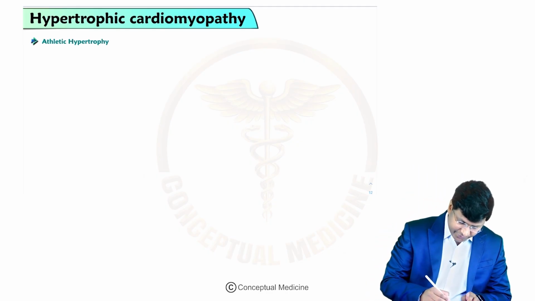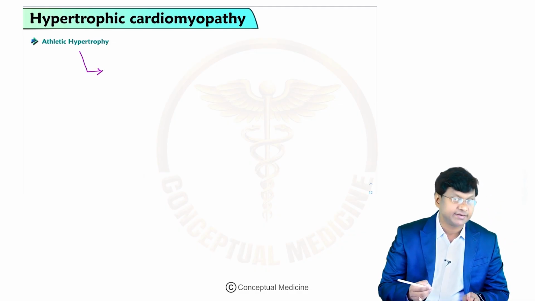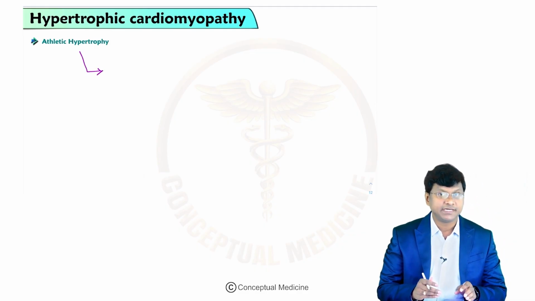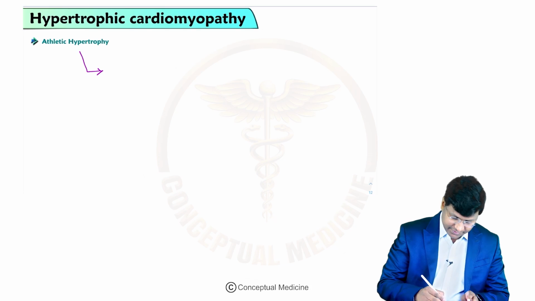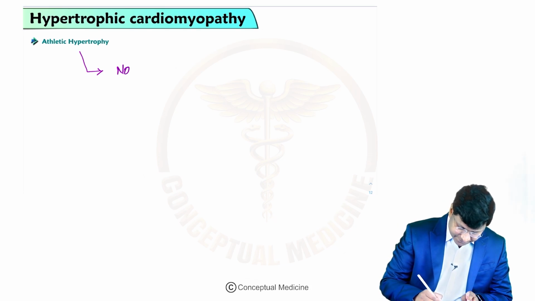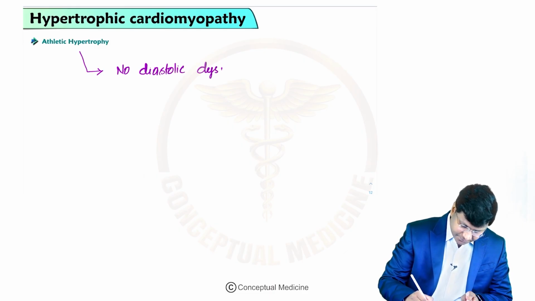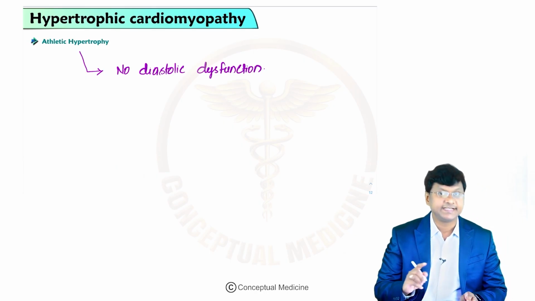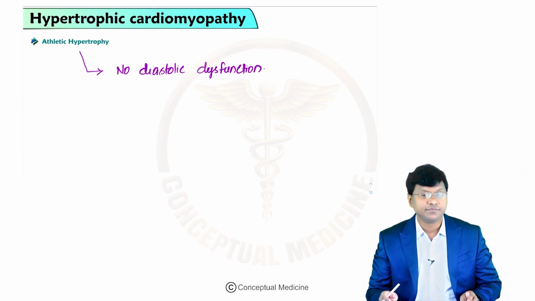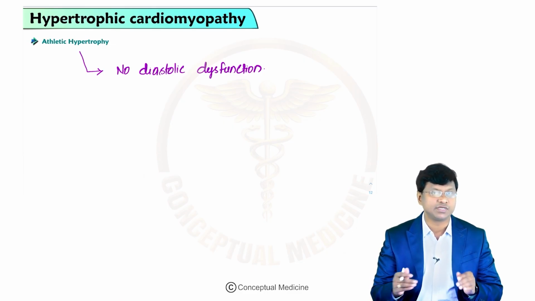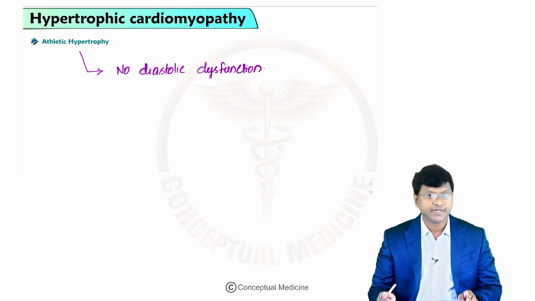Hypertrophic cardiomyopathy is characterized by diastolic dysfunction, but the hypertrophy of the heart that you see in elite athletes generally doesn't have diastolic dysfunction.